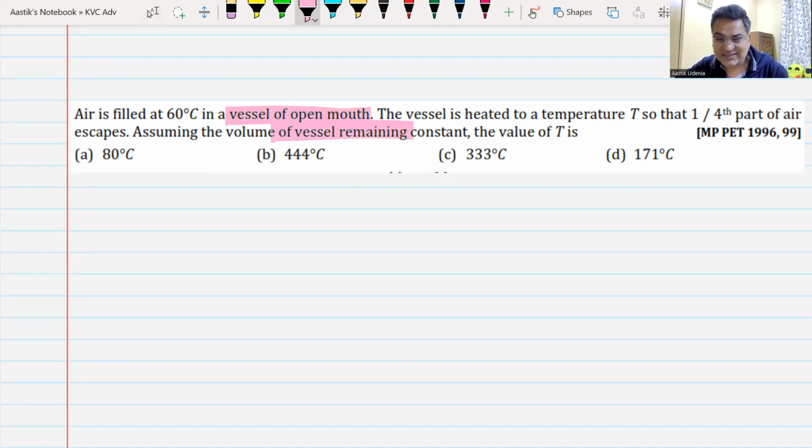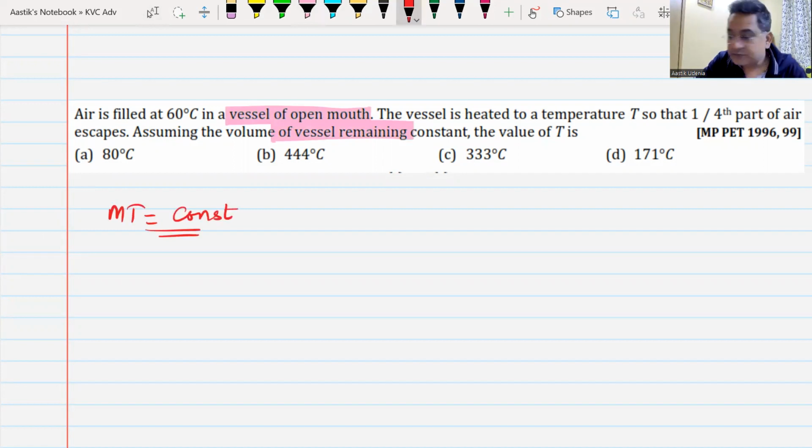Volume of the gas is constant. So mass into temperature is constant. Do we understand this? Well done. Good. Next one.